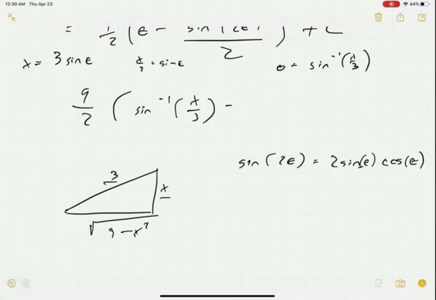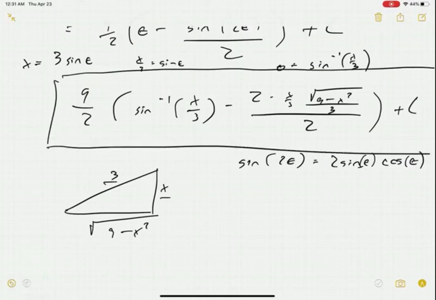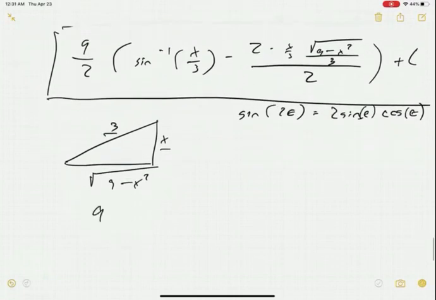So let's take this step by step. I need 2 times sine theta, which is x over 3, times cosine theta, which is the square root of 9 minus x squared over 3. That's all over 2. Okay, so that should be my antiderivative. Simplifying, these 2's cancel.